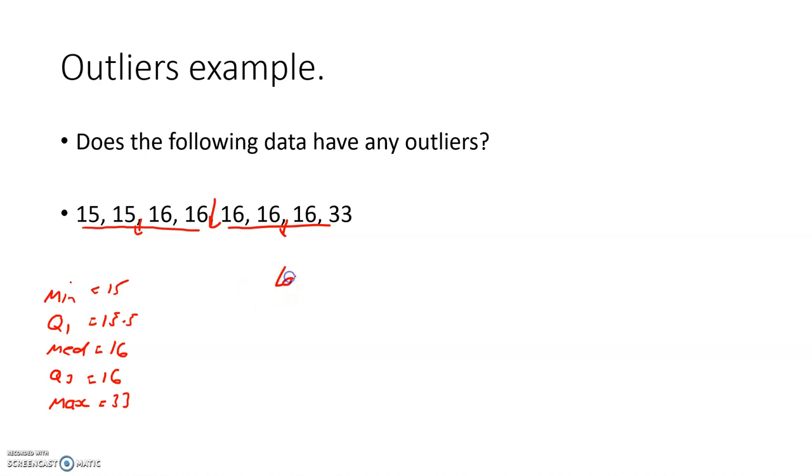We'll do the lower fence first, which is Q1 take away 1.5 by IQR. It means we need the IQR from this. IQR is Q3 take away Q1. So 16 take away 15.5, which is 0.5. Now I should have had the equals lining up.